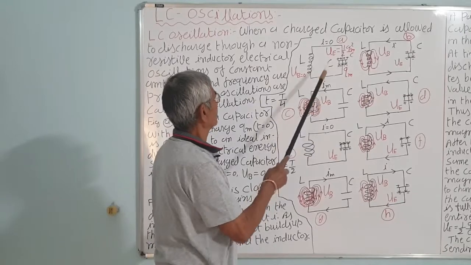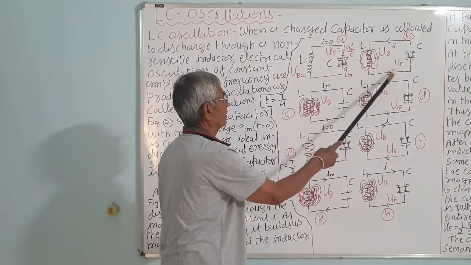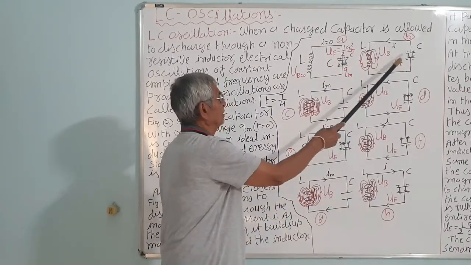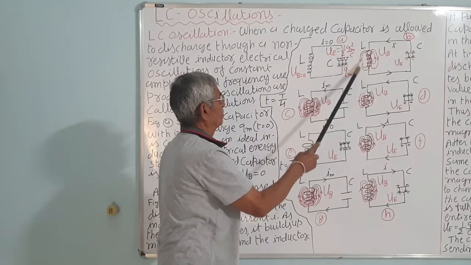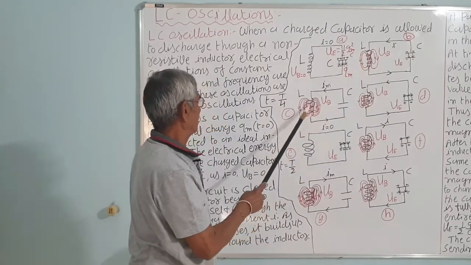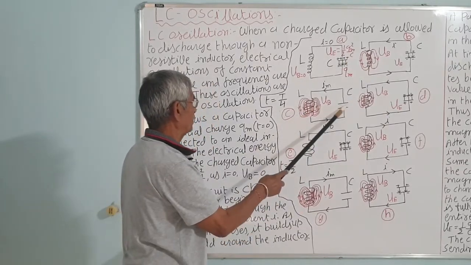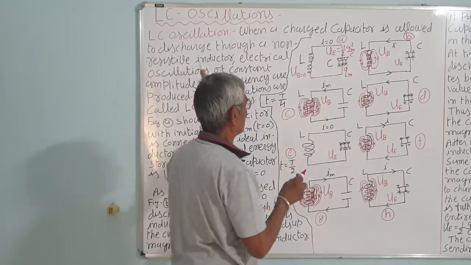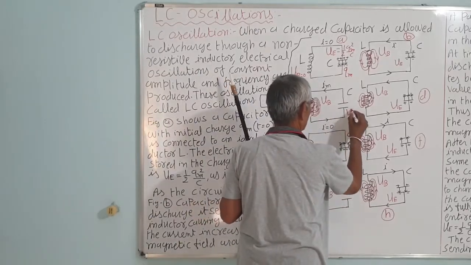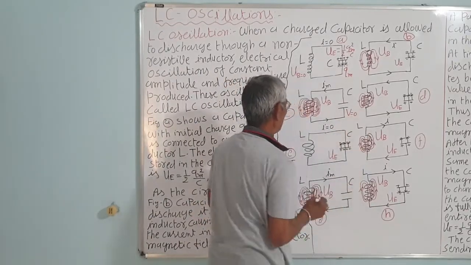Here current flows, here current is 0, here current starts flowing, the electrical energy changes into magnetic energy, and the inductor stores it in the form of magnetic energy. When it is fully discharged, the potential of the capacitor becomes 0 now. This is V is equal to 0.